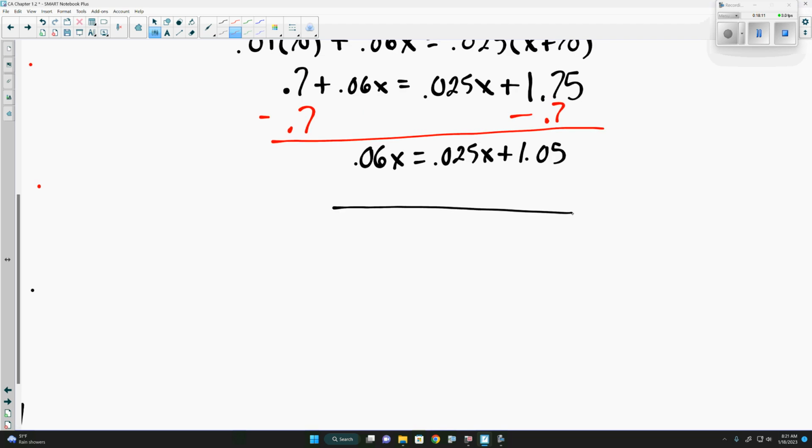At this point here, we can subtract 0.025x from both sides. And if we subtract it from both sides, on one side we'll have 1.05.